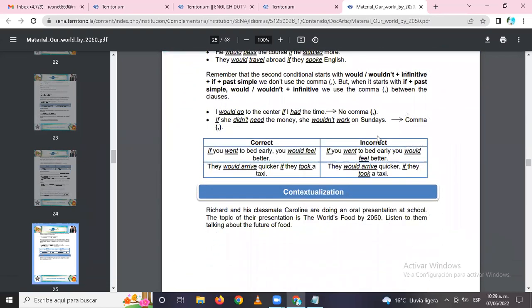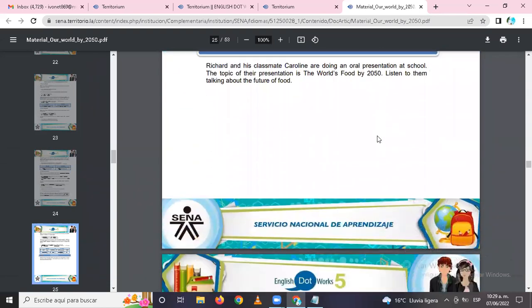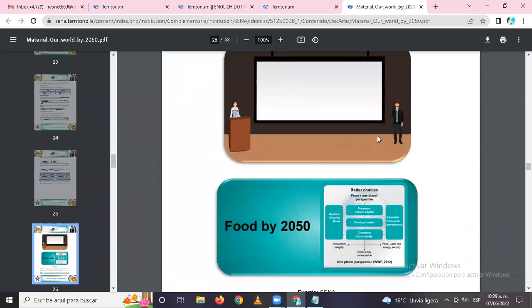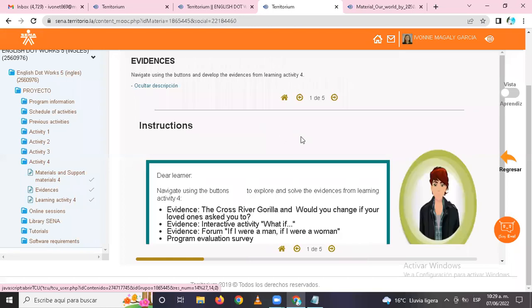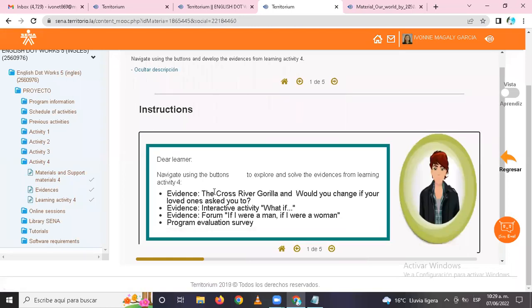And we have some exercises here. But before going to the exercises, I want to go to the pieces of evidence we have for this last part of the course. We have the Cross River gorilla, and will you change if your loved ones asked you to?